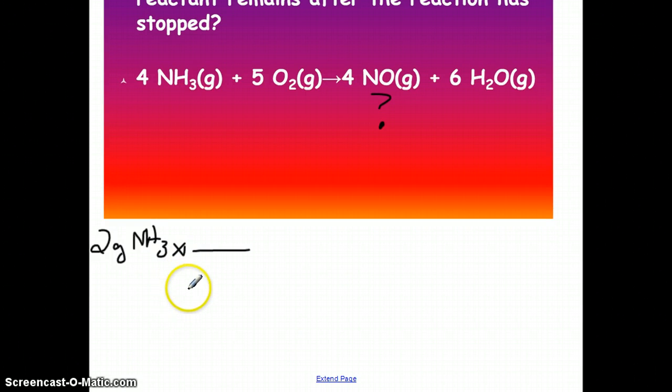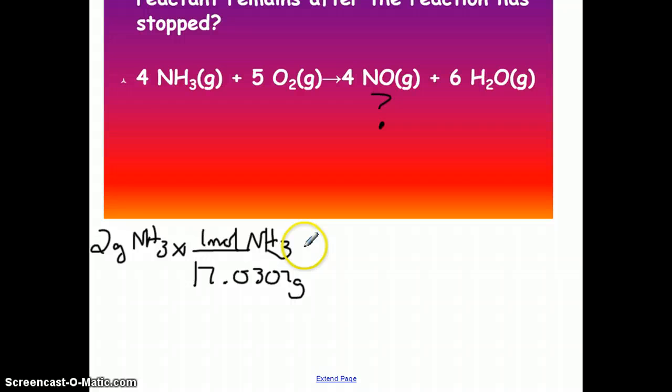So we're going to put molar mass of NH3 on bottom. Now we're going to do our mole-mole ratio.